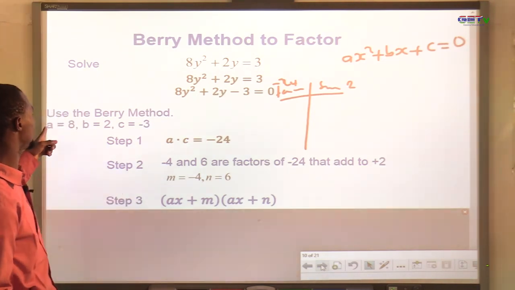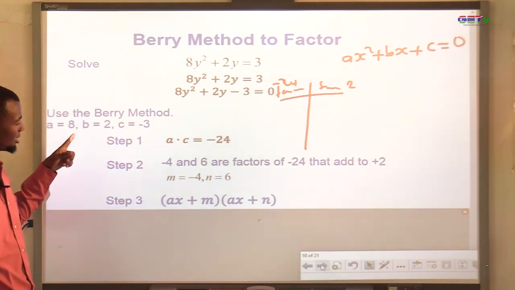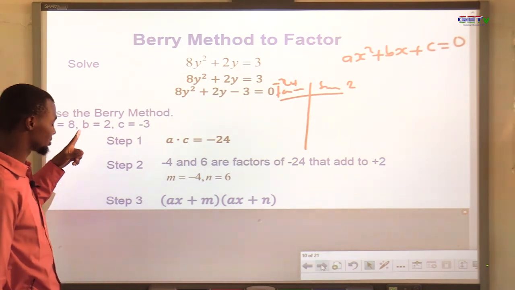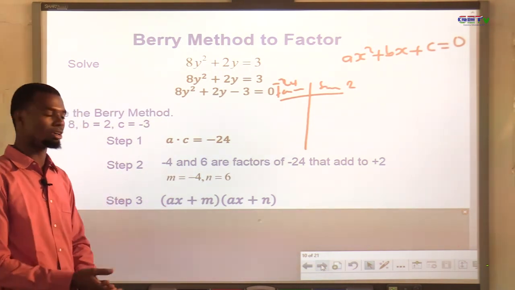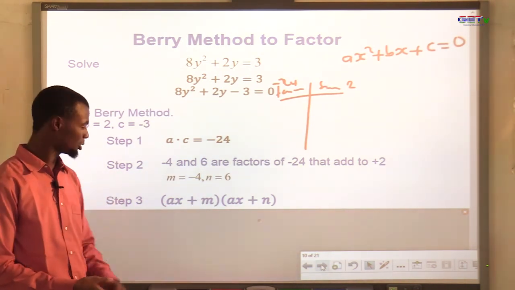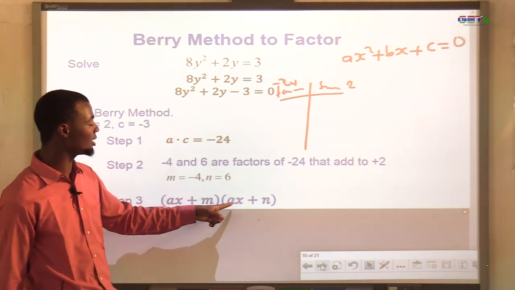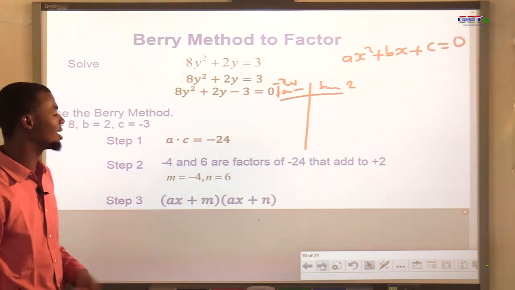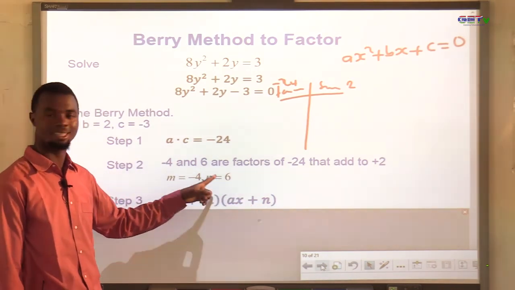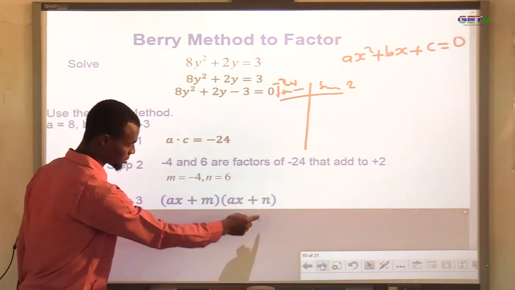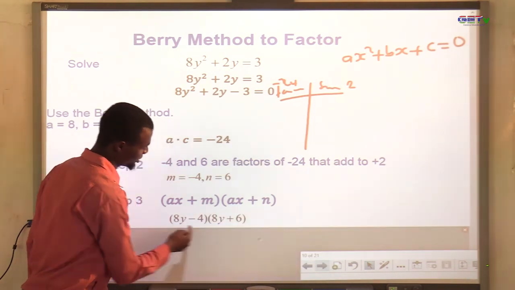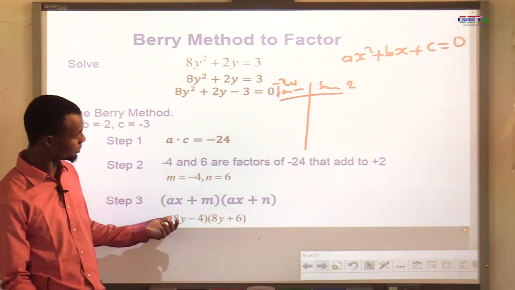The value of A is 8. What is the value of M? The value of M is -4. So that is what we substitute in this one. The same thing, the value of A, which is 8, and the value of N is 6. So that is what you substitute here.